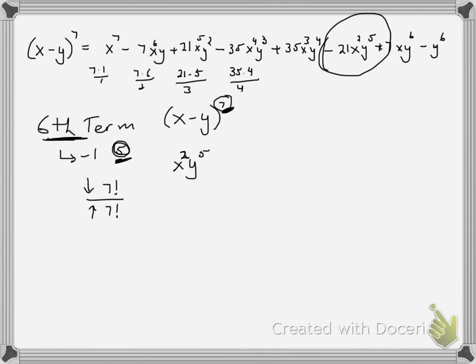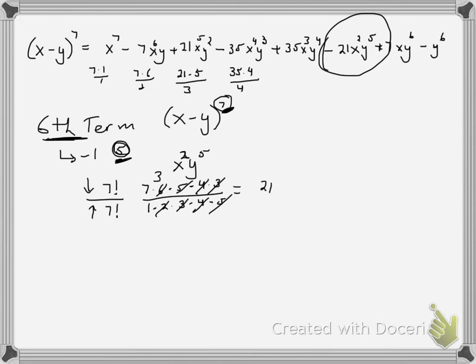If I went all the way down, I'd have 7 terms, but I really want 7 times 6 times 5 times 4 times 3, leaving off the last 2 terms. Here I'm going to go 1 times 2 times 3 times 4 times 5, leaving off the last 2 terms. Now I'm going to cancel. 5's cancel, 4's cancel, 3's cancel, 2 goes into 6 3 times, and I'm going to get 21.